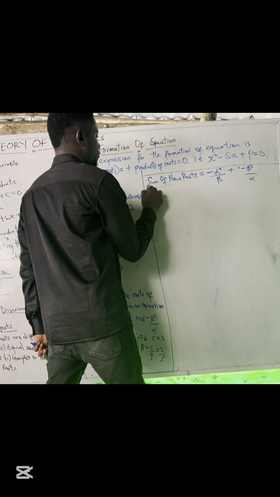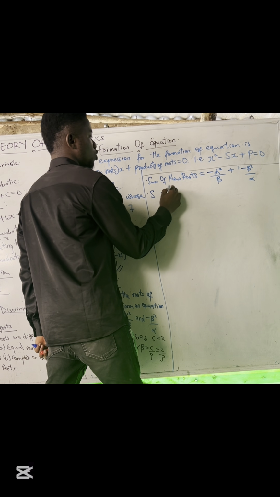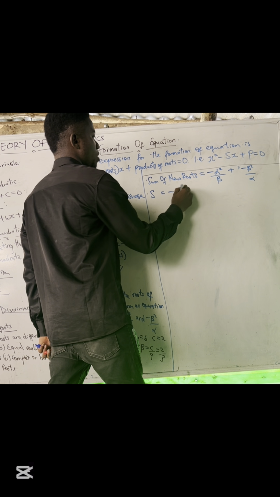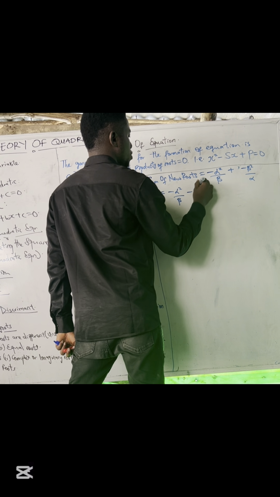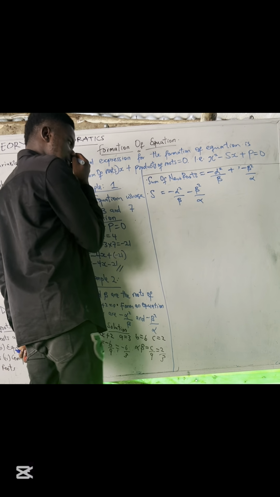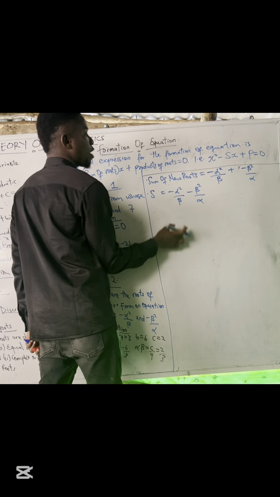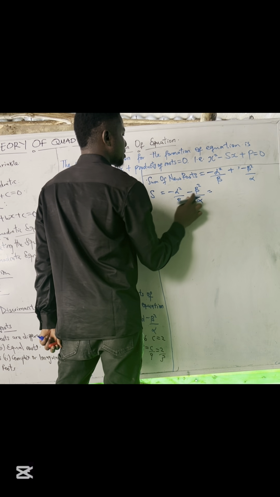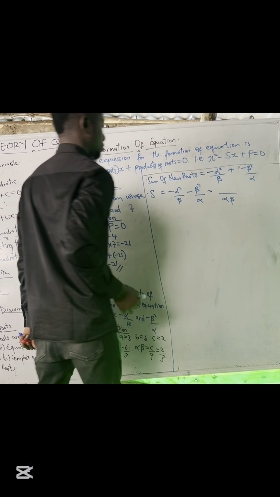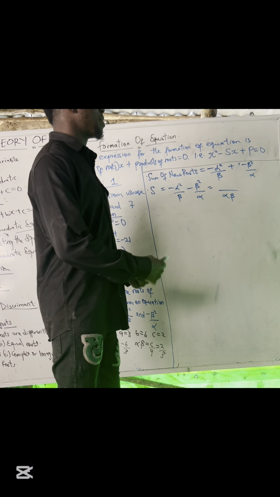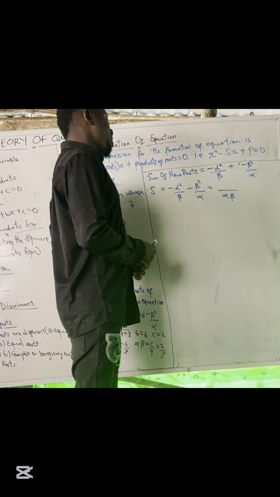This sum of new roots is going to turn to minus alpha square over beta plus minus beta square over alpha. So guys, we are going to look for the LCM. The LCM is going to be alpha beta. Beta from alpha beta, it remains alpha.